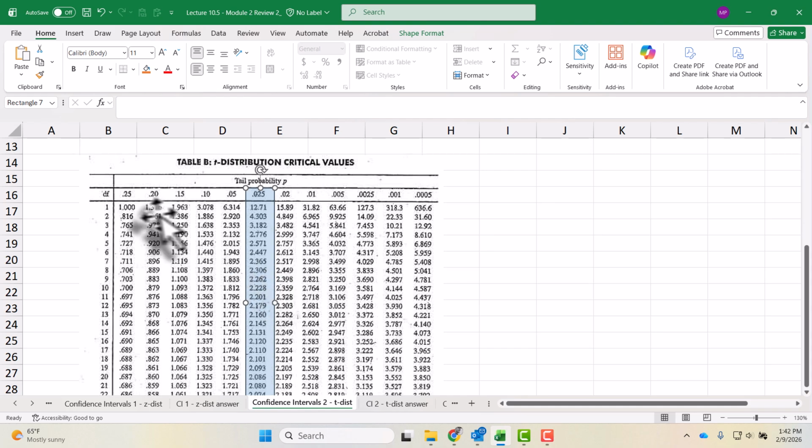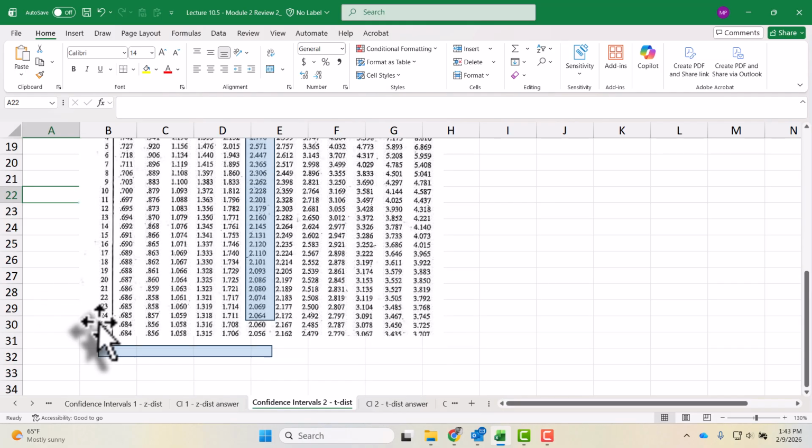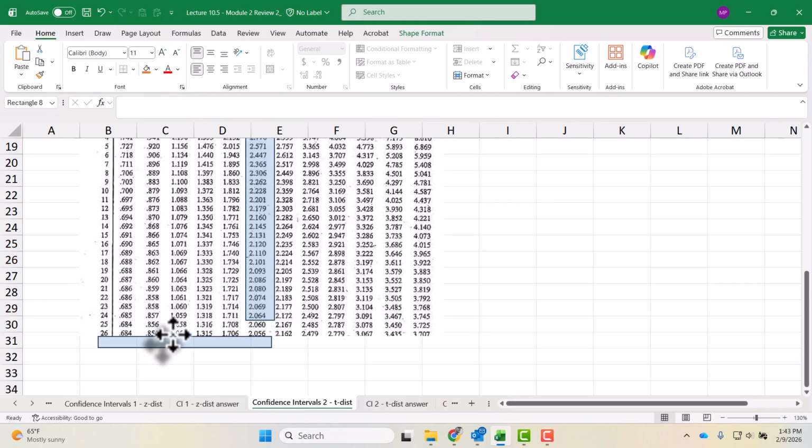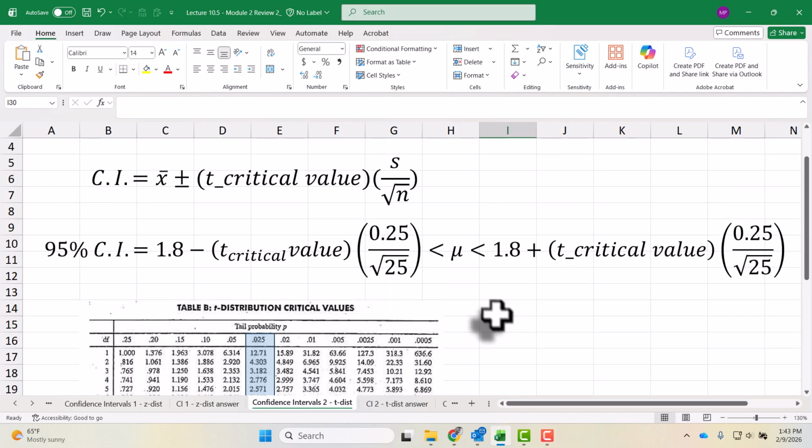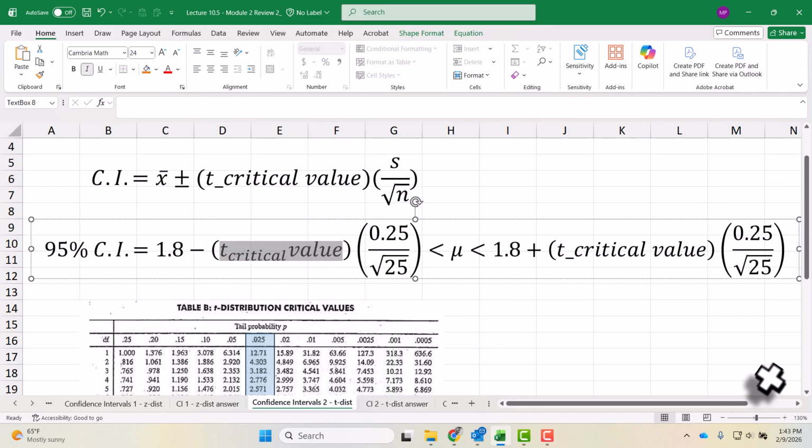Now what we need to do is figure out what our degrees of freedom are. We know that Dr. Armitage sampled 25 trees, so that tells us that we're going to have a degree of freedom of 24. We find where those intersect, and that gives us our critical value of 2.064. So we can put that into our formula.